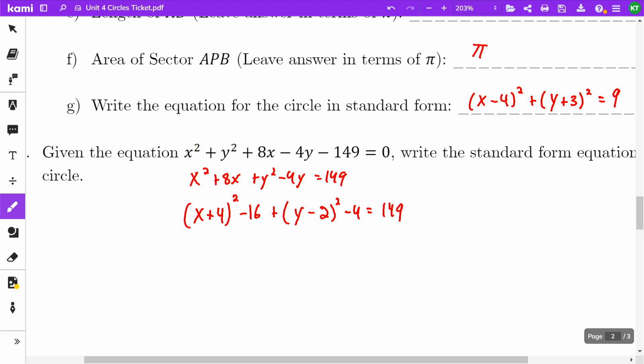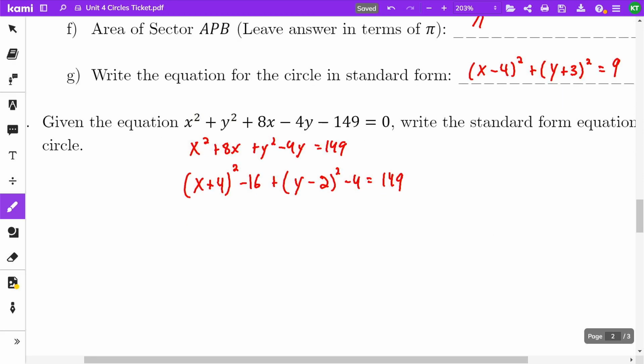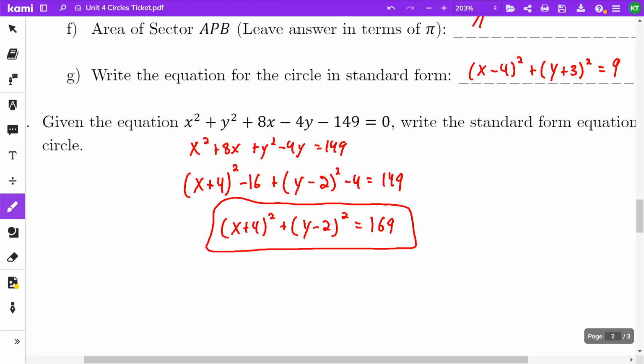So once I add 16 and 4 to the other side, that will leave me with my final equation, which will be x plus 4 squared plus y minus 2 squared equals 169. So that would be my answer. And that will complete our second exit ticket for Form B.